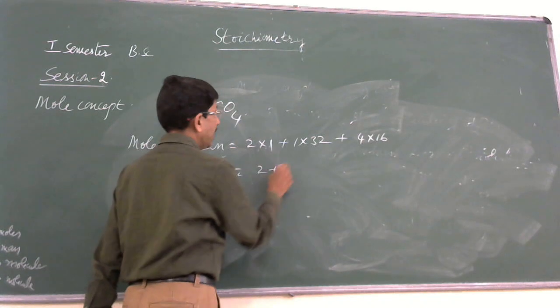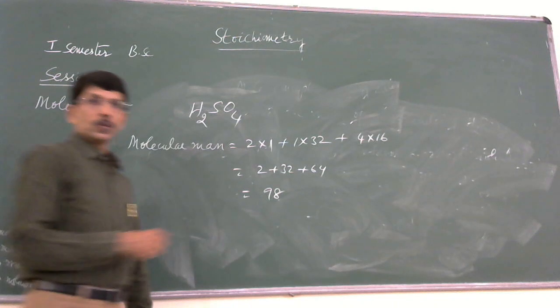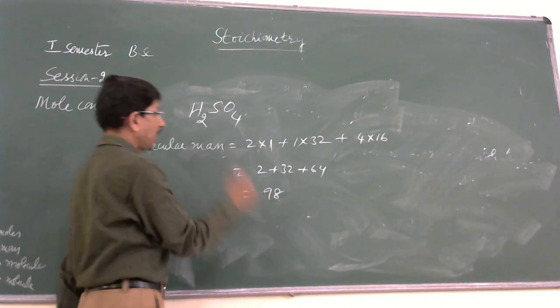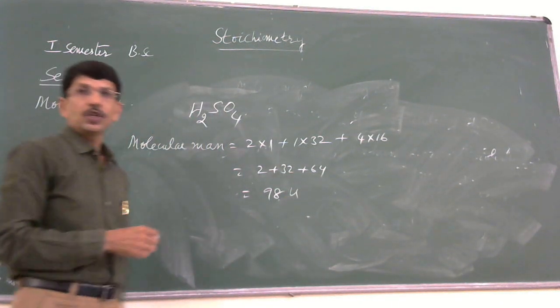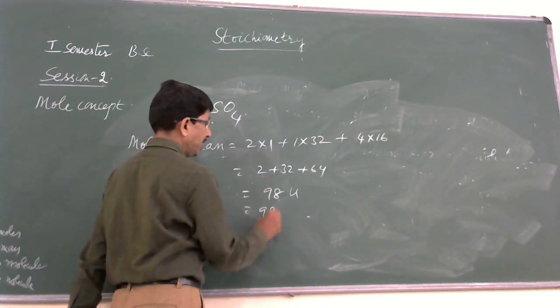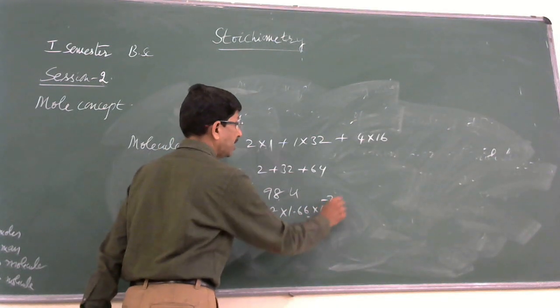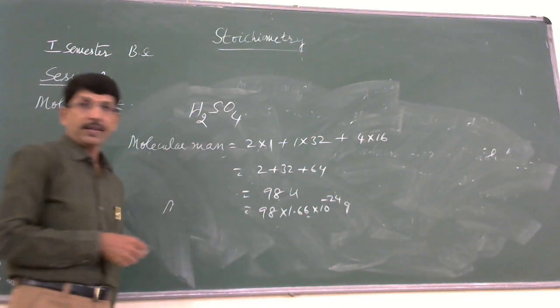So you have 2 plus 32 plus 64, which is 98. So the molecular mass of sulfuric acid is 98 U. If converting to grams, it is 98 into 1.66 into 10 to the power minus 24 grams. You can also do that.